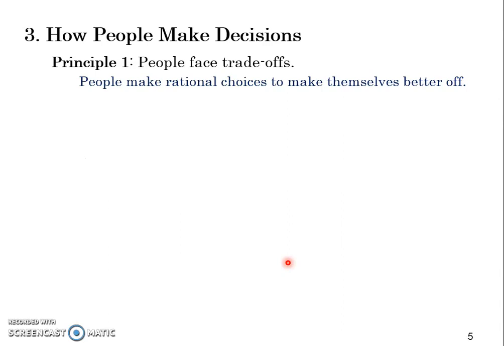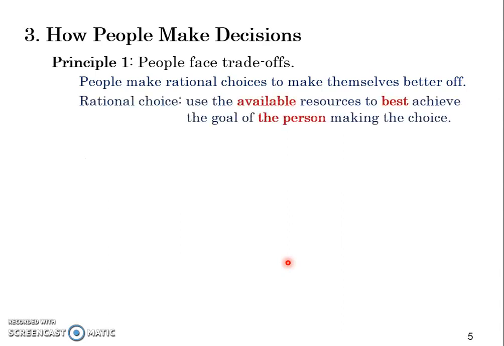What needs a little more explanation is the rational choice, how we define it. What's the so-called rational choice? Here, rational choice is defined as the decision maker uses the available resources to best achieve the goal of the person making the choice.